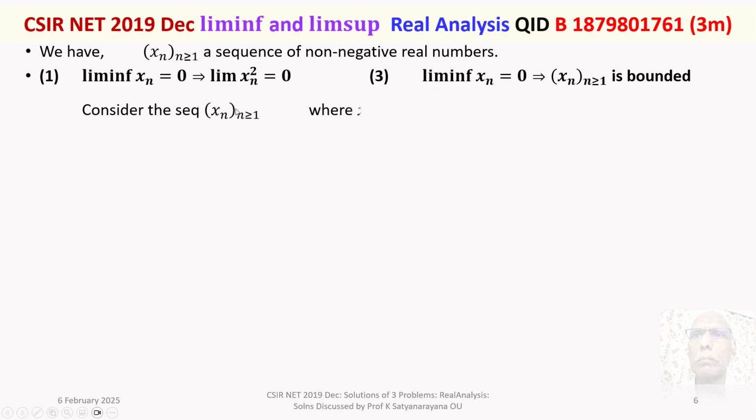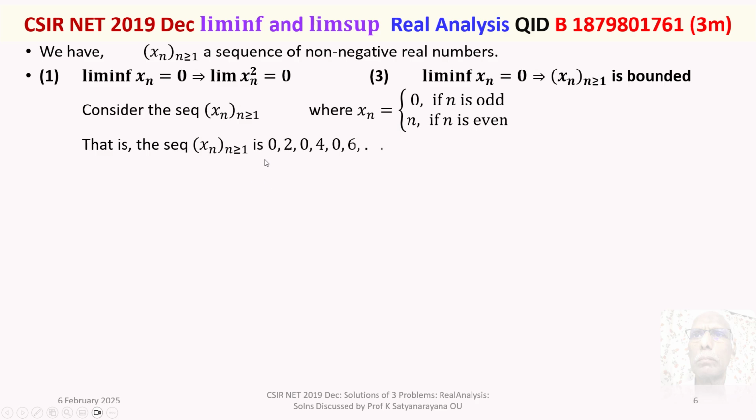Consider the sequence Xn where Xn is 0 when n is odd and Xn is n when n is even. That is, the sequence is 0, 2, 0, 4, 0, 6, etc. Let S be the set of all limit points of this sequence. It's clear the set of all limit points has only one limit point, that is 0.